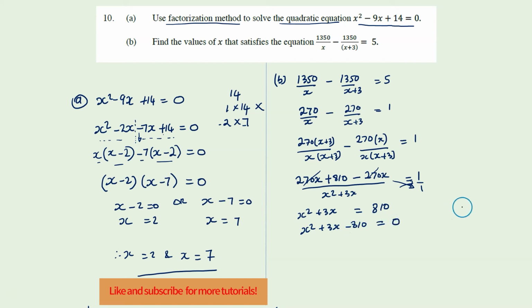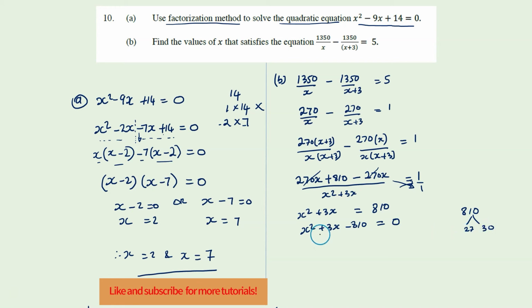Well, I have here 810 and I need to get a positive 3. Now I can see 81 is actually 27 times 3. So I can see this is 27 times 30. And those are the factors of 810, 27 times 30.